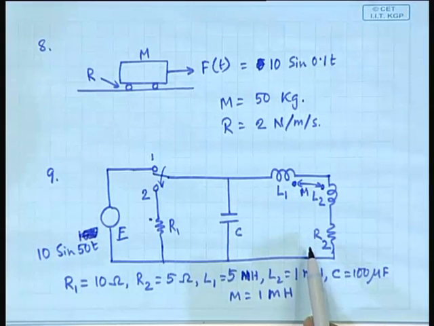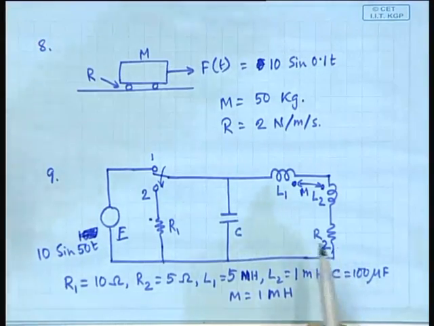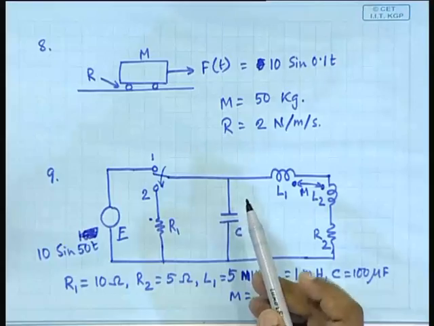Is that right? Because there is a phase difference. So, the current has some value when the switch is put into position 2, and then you have to find out the transient with that as the initial condition. Okay, fine. So, now solve these problems, and that will give you reasonably good practice.